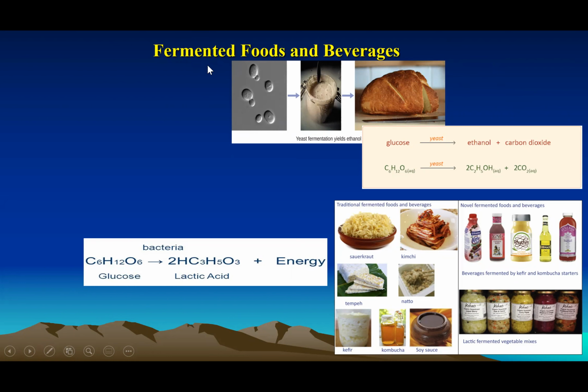So fermentation is not only for preserving food, but it also enhances the nutritional value of food. For example, the microbe yeast can break down glucose to form ethanol and carbon dioxide. Ethanol is alcohol. So good examples would be beer making and bread making.